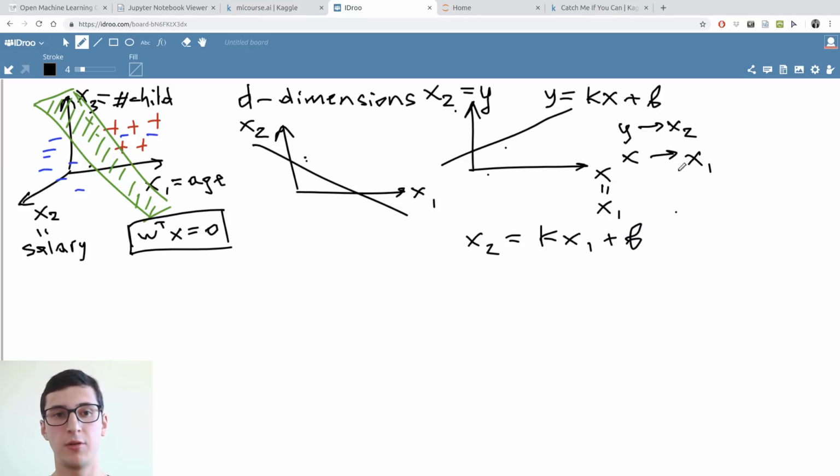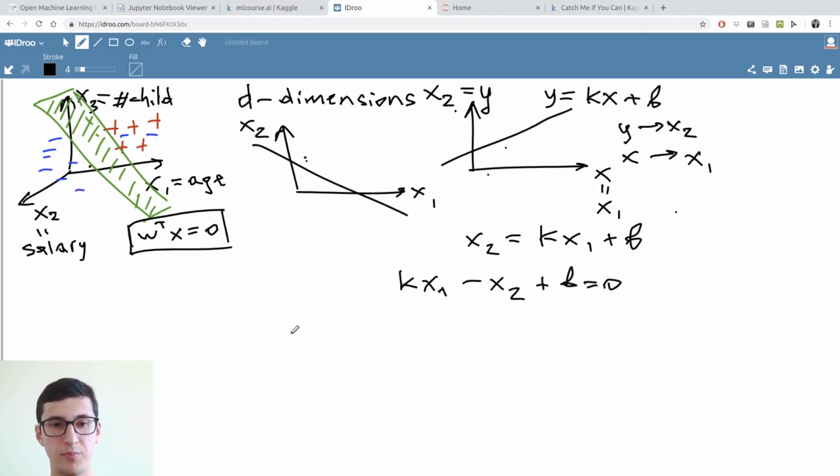What I'm doing right now, I'll deliver you geometric intuition about linear classifier, and from that we'll go for logistic regression as a particular case. Okay, so here we've got an equation for x2 and x1, and let's see that actually this can be transformed into k x1 minus x2 plus b equals 0.